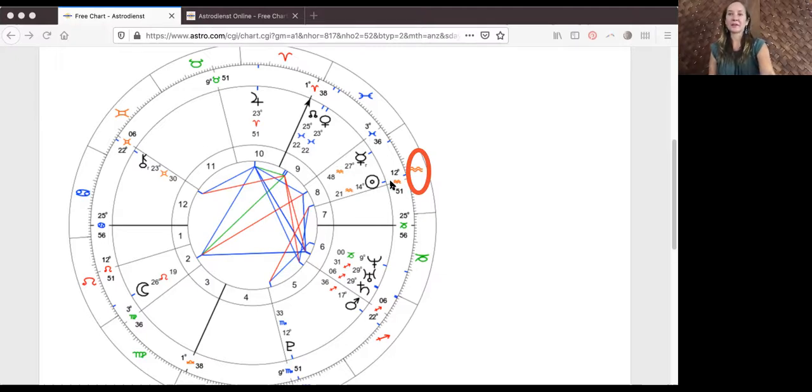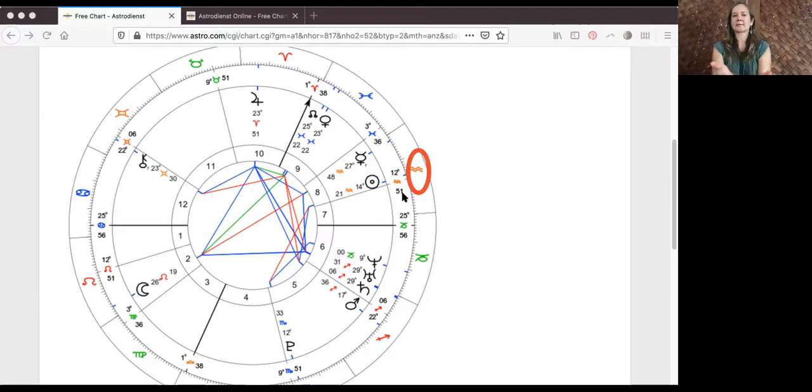Where this can get a little confusing is that when we look at this symbol, here's Aquarius, and then we look at the number, and it says this is 12 degrees. We see that little dash right there, that means it's degrees, and 51 minutes. Every sign runs 0 to 30 degrees.